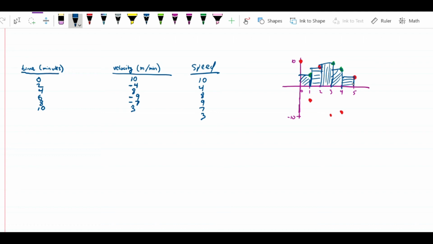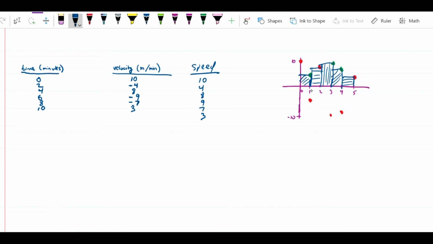Having turned all the velocities that were negative into positives, we're only going to get positive distance, because whether we call positive motion to the right and negative motion to the left, or positive motion up and negative motion down, either way, negative motion is still motion. So that's why we're treating everything as positive when we add this up.